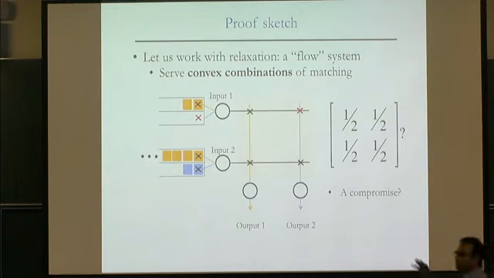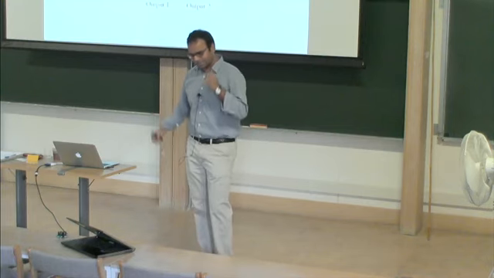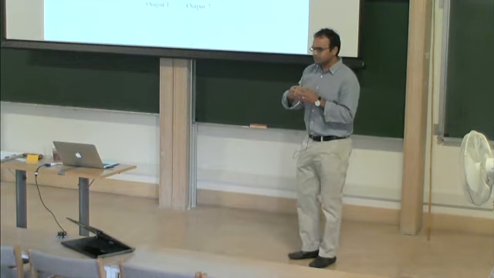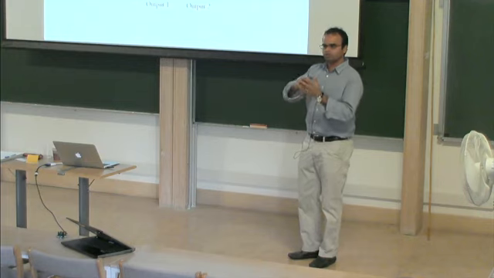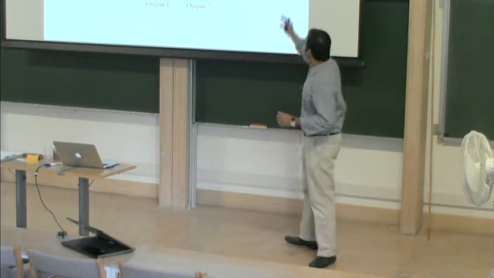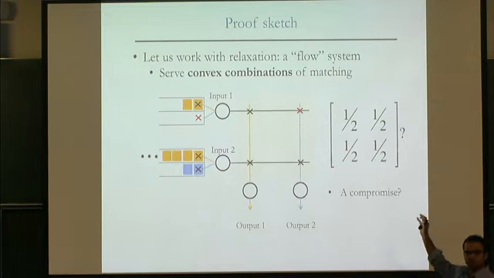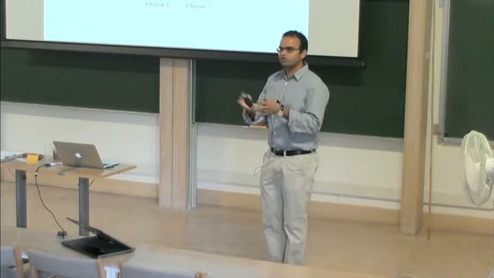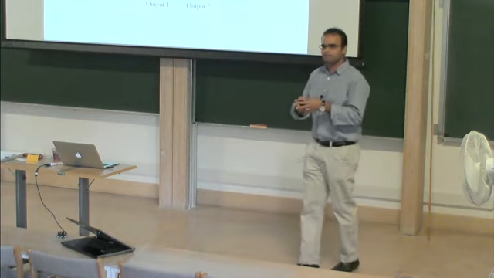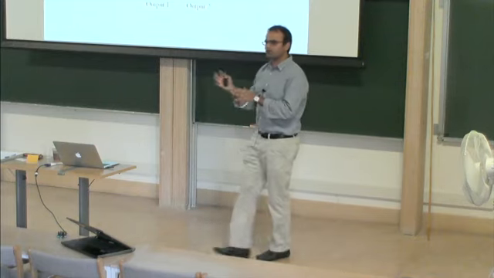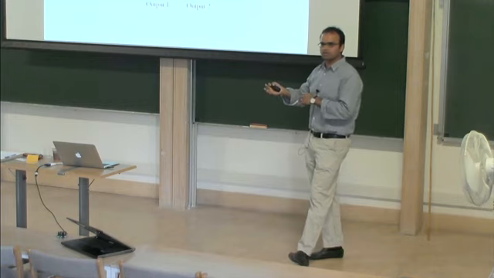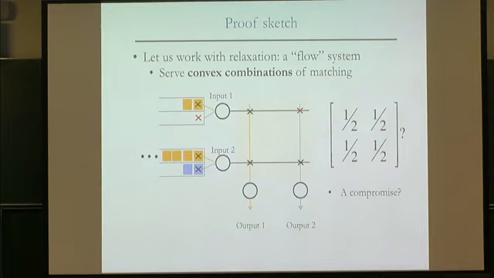But let's say for a second I allow you to relax the constraint, that is, at a given instance of time you can serve data at a rate that is a convex combination of all your possible actions. This is one convex combination, right? It's half-half. In a sense, I'm making my discrete system a fluid system or a flow system. For those who remember the bandwidth sharing model, effectively I'm converting this switch network model to a bandwidth sharing model, where I've got 4 flows.